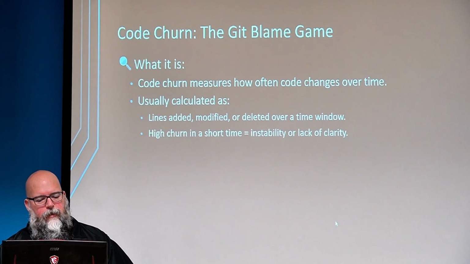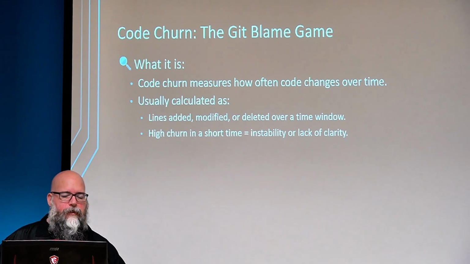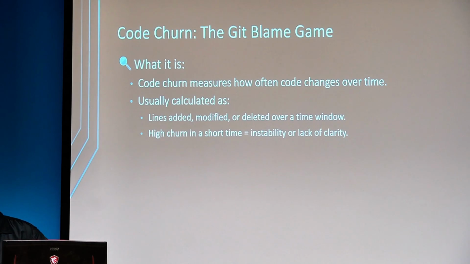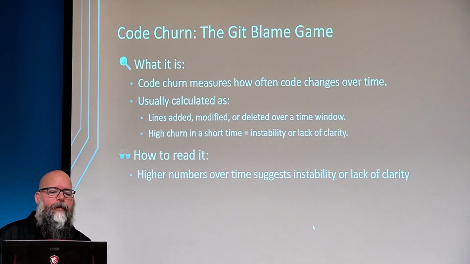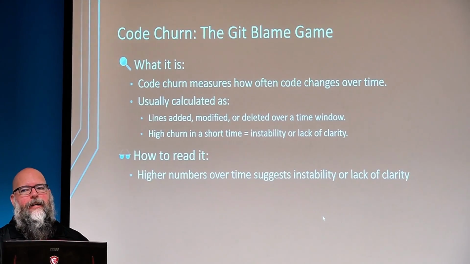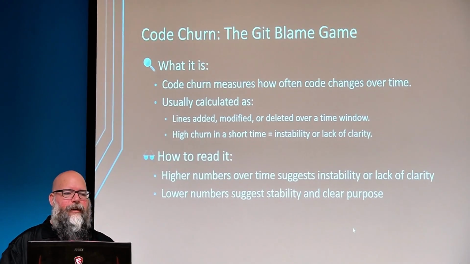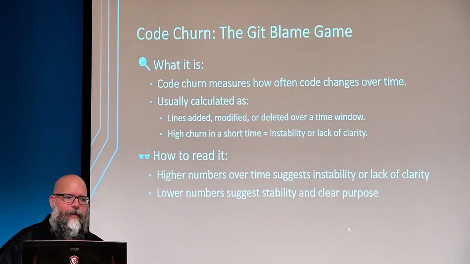If you have high churn in a short time, it suggests instability or lack of clarity. How to read it: higher numbers over time suggest instability or lack of clarity. Lower numbers suggest stability and clear purpose, right?